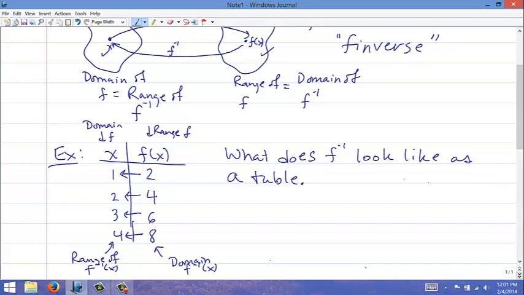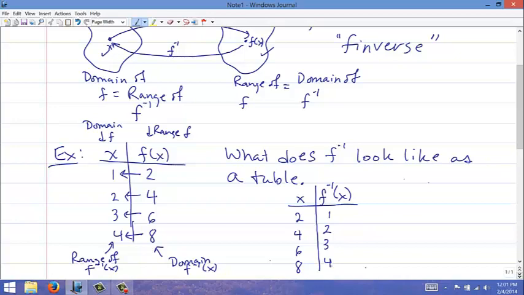So the ordered pairs for f inverse are going to be (2, 1), (4, 2), (6, 3), (8, 4). It's the total flip. So my new table should have domain values 2, 4, 6, and 8, and range values of 1, 2, 3, and 4.